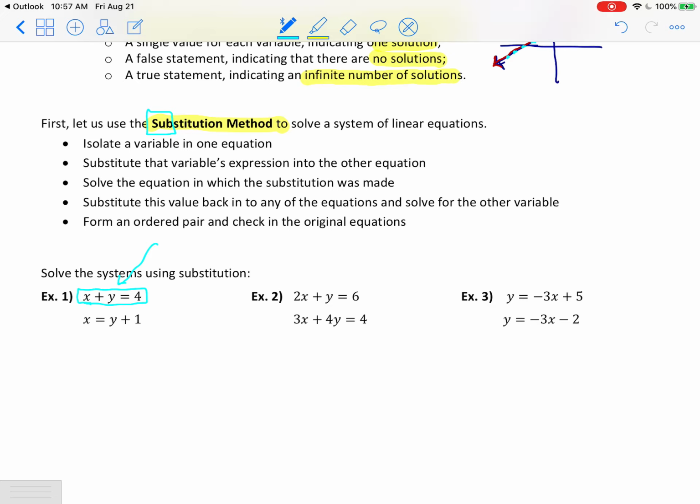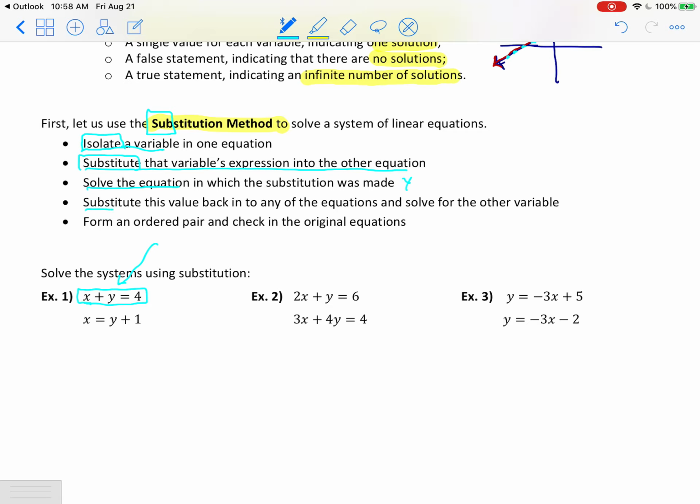So we are going to be isolating one of the variables in one of the equations, and then we're going to substitute that variable's expression into the other equation. Then we can solve the equation. Okay, so we're going to get one value. Let's say maybe we're solving for y in that situation.